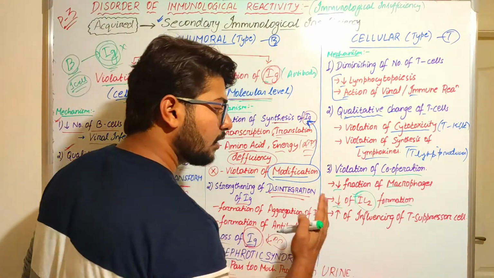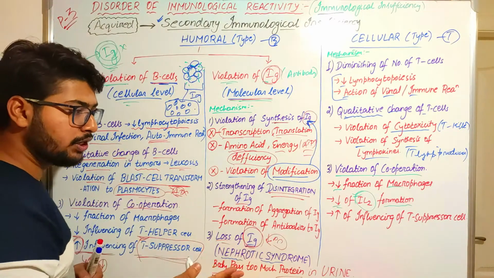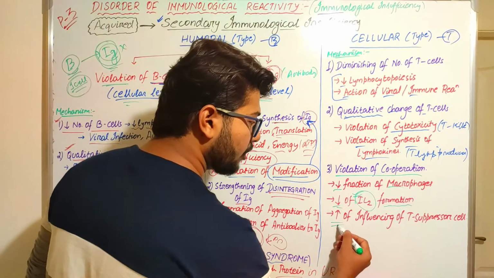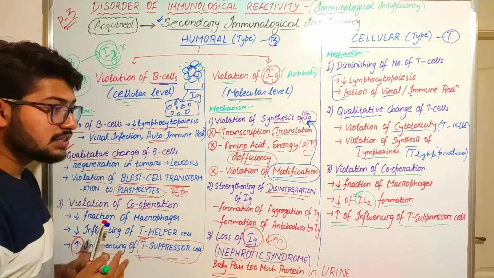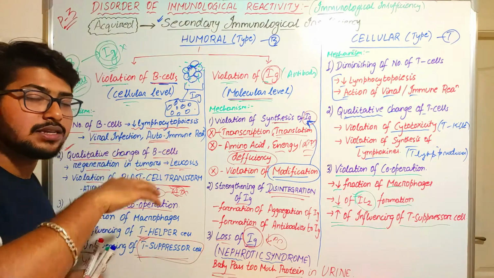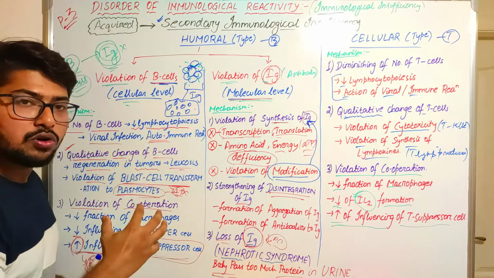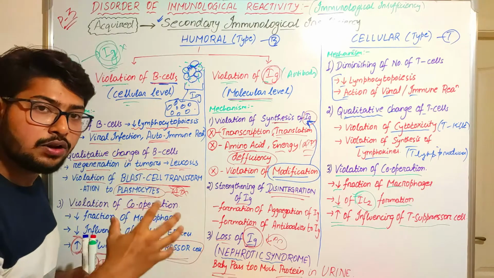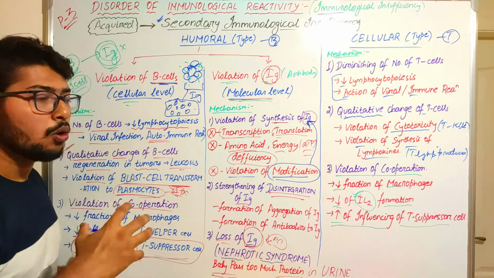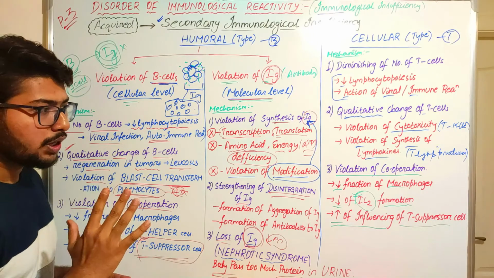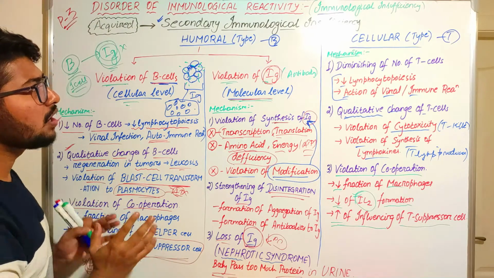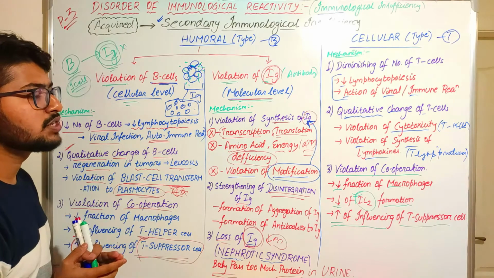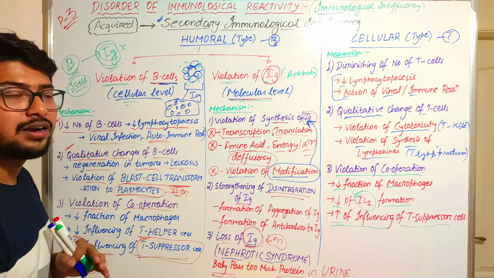And third, there will be an increase in the influence of T suppressor cells. As the T suppressor cell increases its influence, the cellular type of immunological reactions will not take place.